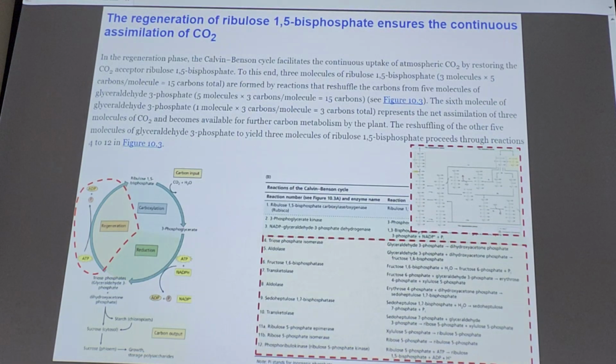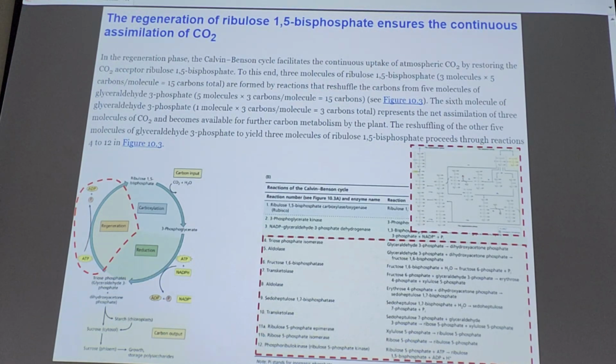So in order to get 3 RuBP plus 3 carbon, how much NADPH do you need? How much? Actually, for 1 CO2, right?